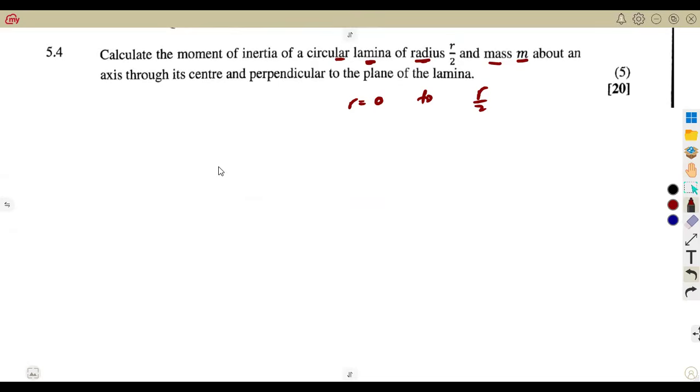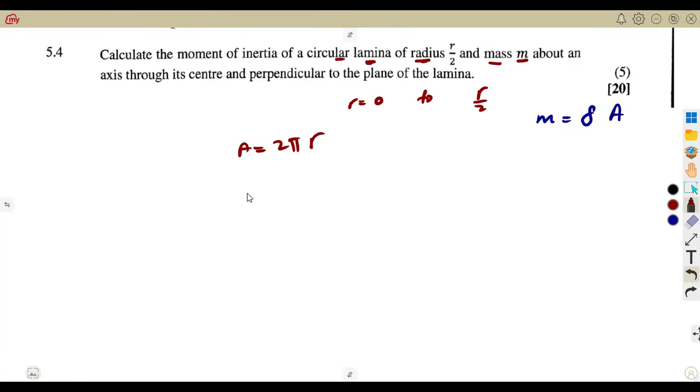So remember from the moment of inertia that if you are to consider the mass, it's actually the product of the area density times the area, and considering that this is a circle, the circumference is 2 pi r.